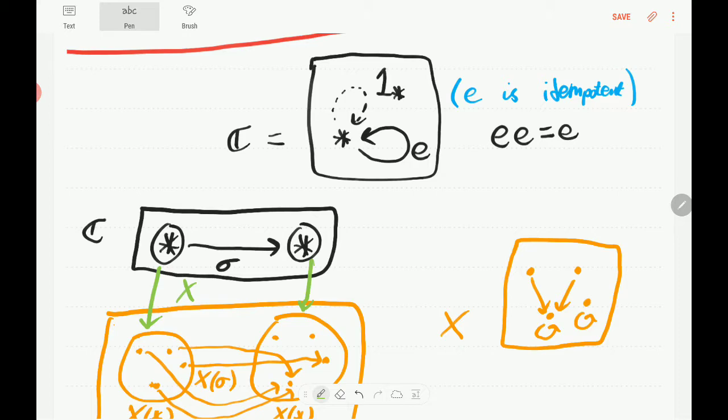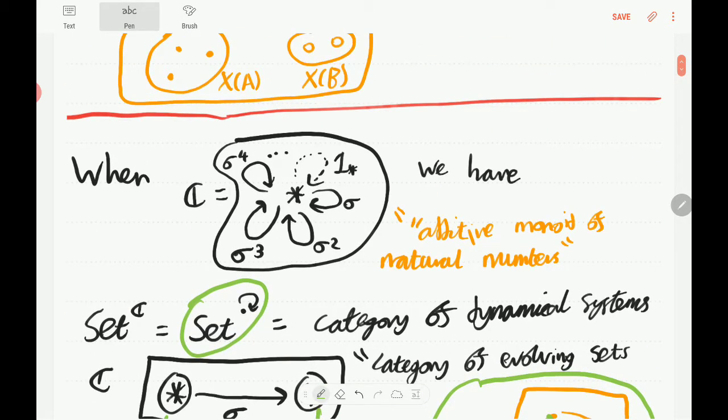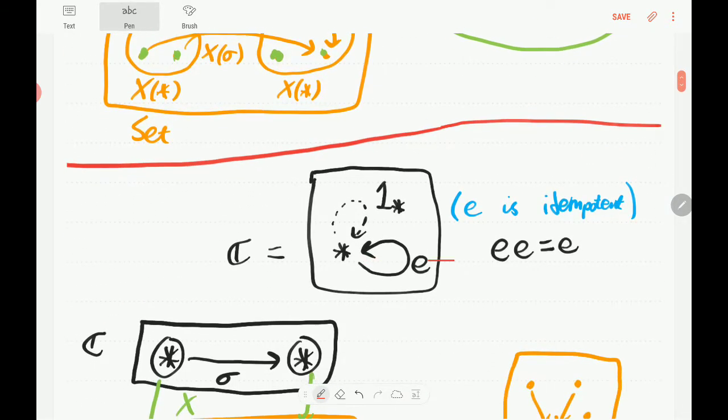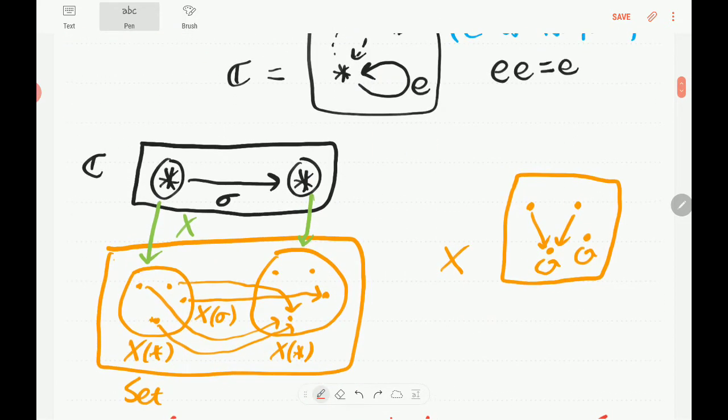And then if we make the constraint that E after E should equal E, instead of allowing this infinite family of iterates, as we did up here, in other words, E is idempotent. So if we do this, then we have this situation here.